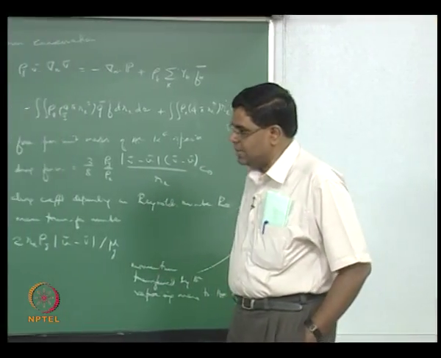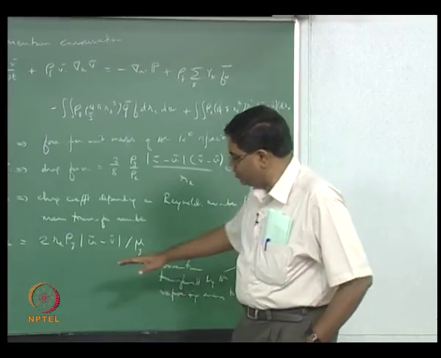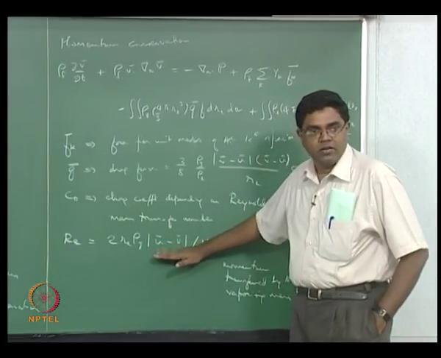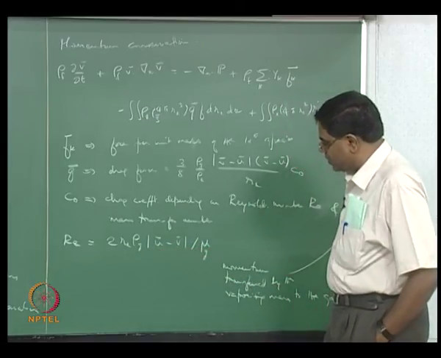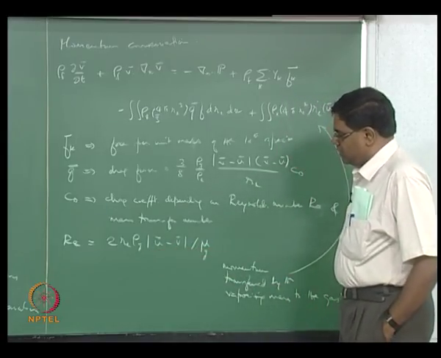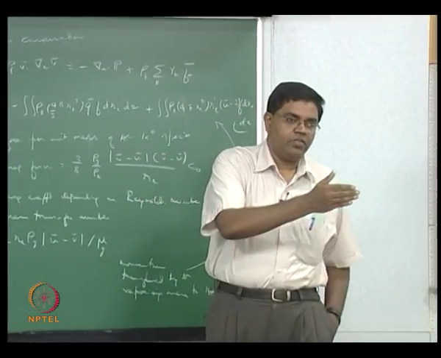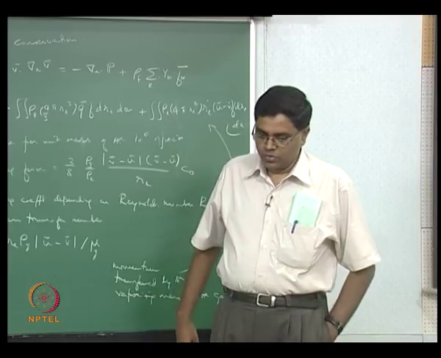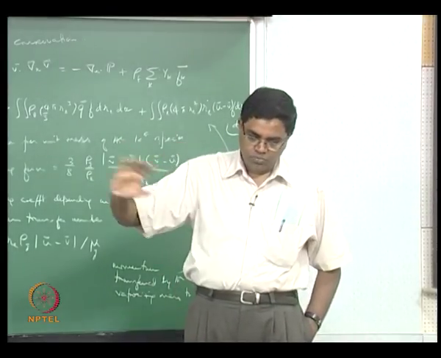So typically what happens when you have a locally high Reynolds number situation based on the relative velocity between the gas and the droplet velocity, you could have a wake that is shedding behind the droplet. Okay.